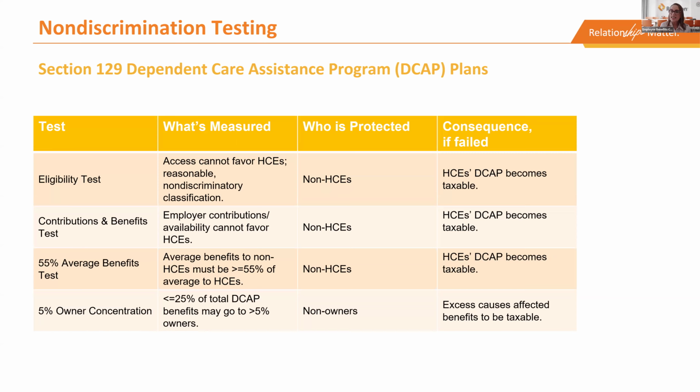Some of these tests get very complex, which is why, where you have complex benefits and structures, it's really important that you engage your payroll vendors or another vendor to perform this testing for you.